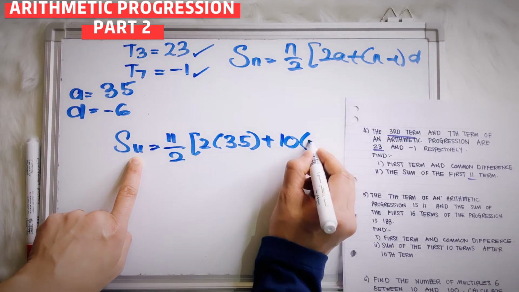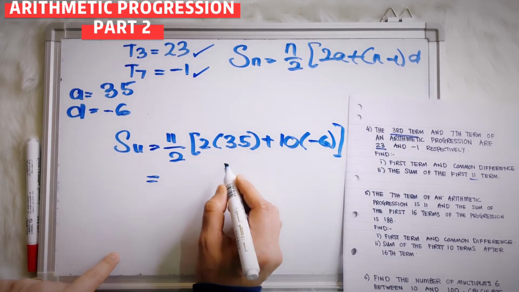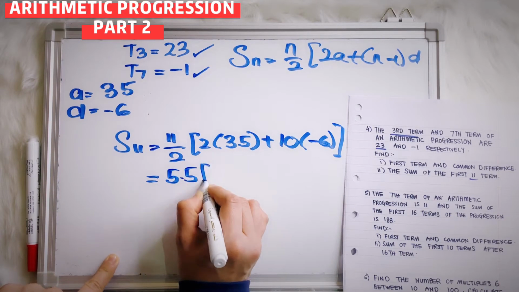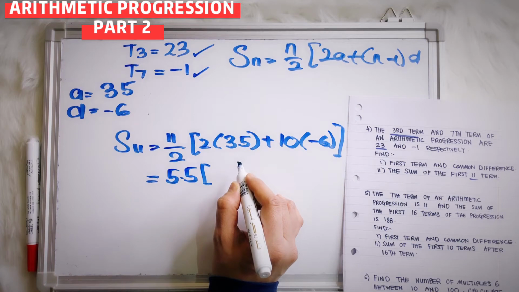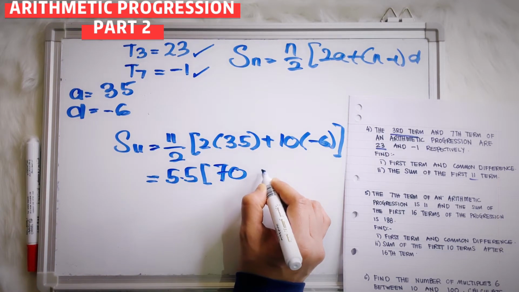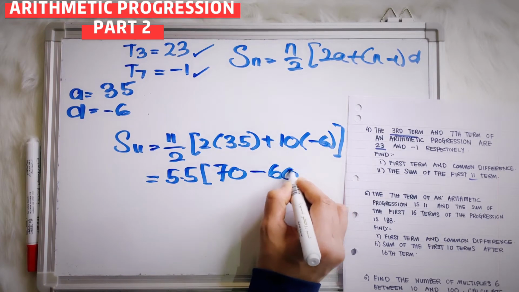Our D is -6). So 35 times 2 equals 70, plus minus 60.